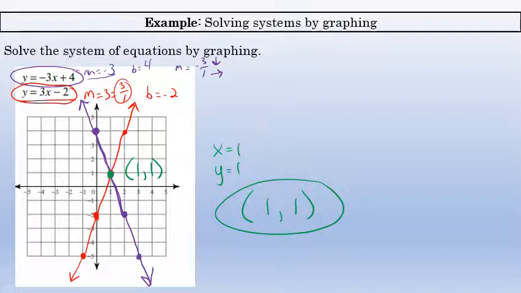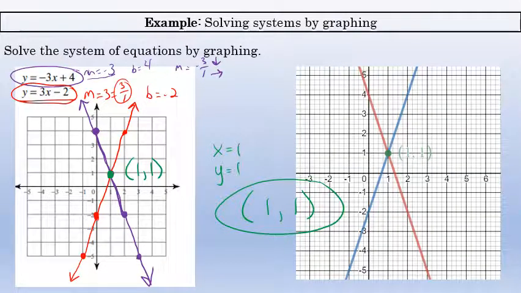Additionally, this solution could be verified with a graphing utility. If you have access to a graphing utility and graph y equals negative 3x plus 4 and y equals 3x minus 2, you would see that the intersection point is in fact 1, 1. So, we've now discussed 3 ways to solve systems of equations.